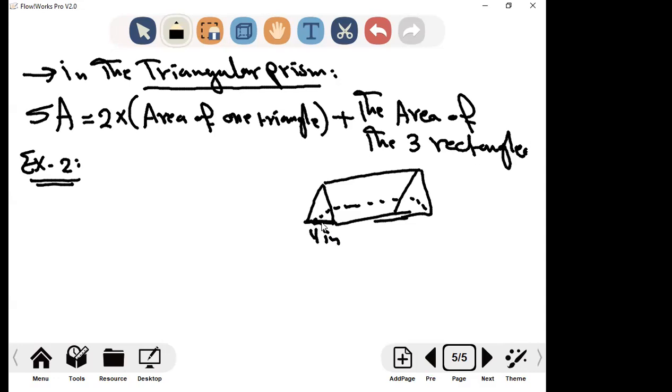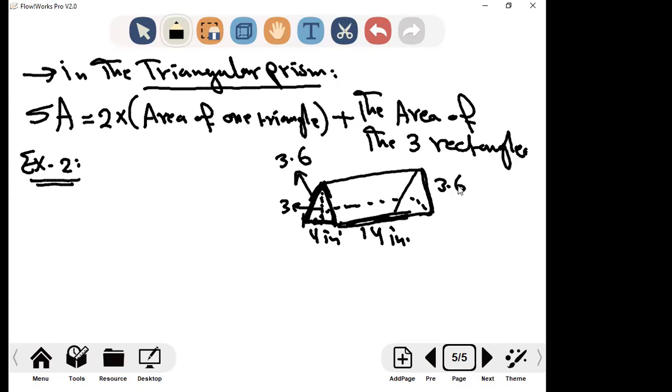This is the base of the triangle, right? And here what we have? The height. The height how much? They said here 3, right? And they said that this line here is how much? 3.6. And this line here, the whole length is how much? 14 inch. Done. And here also, this one here, they said also it's 3.6.